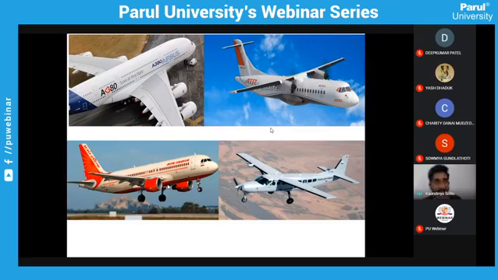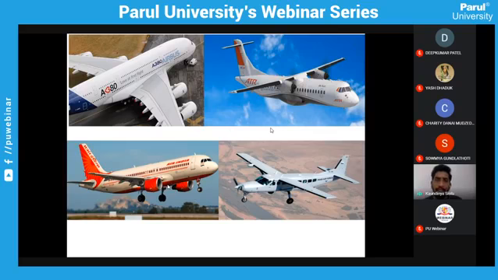A 72 seater is fine, because 300 people will not travel every day from Delhi to Gujarat or other places within the country, right? You need a smaller aircraft, like a 72 seater or business jets.